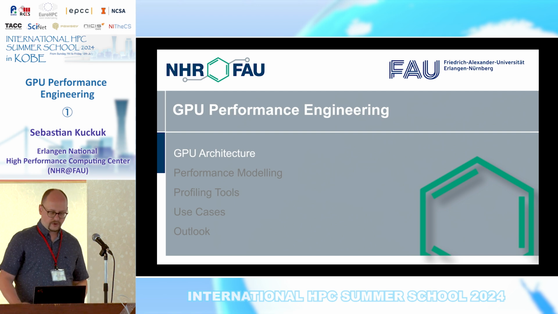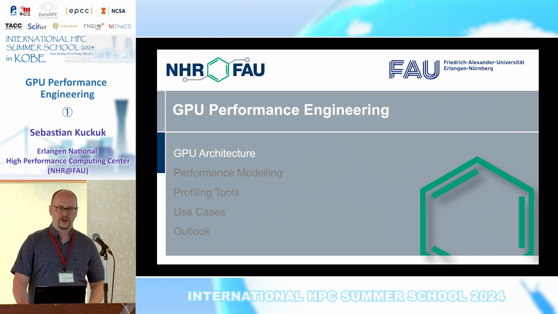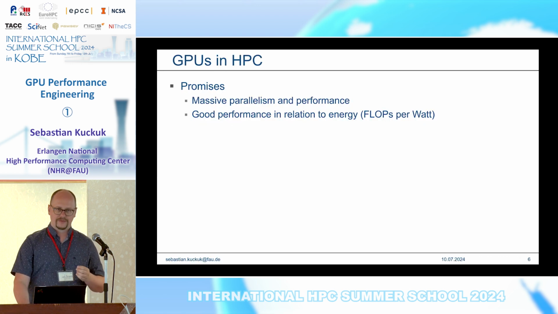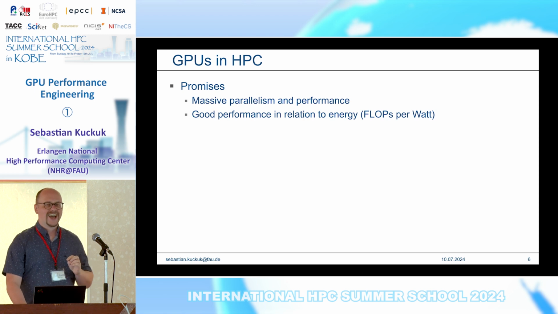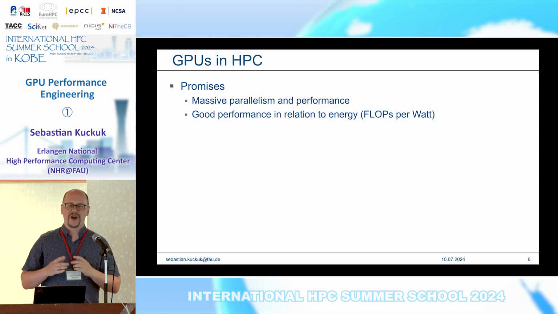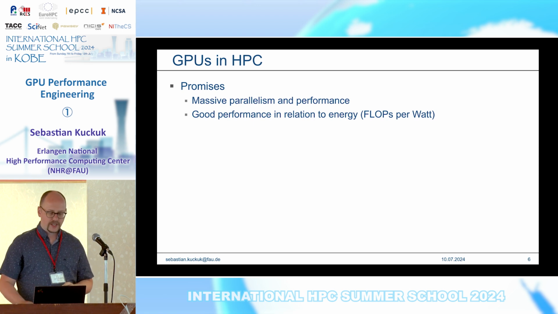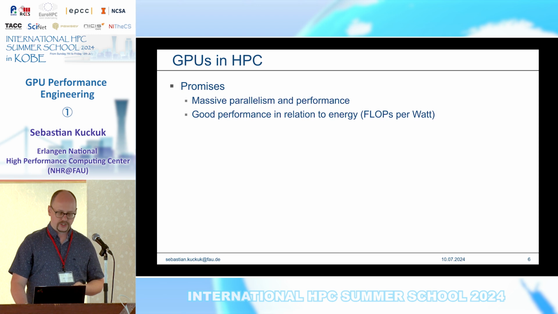Okay, so first of all, let's talk a bit about GPU architecture. And we've seen a bit of this throughout various sessions this week. Okay, before we go into architecture, I want to motivate a little bit why we are going into architecture. And again, we've seen this throughout this week, and we also heard a bit of the motivation behind it. The one thing is that GPUs offer massive performance and parallelism, and also good energy efficiency.